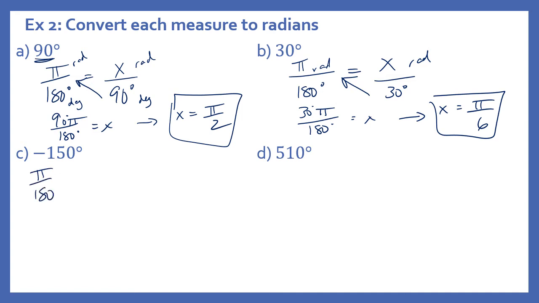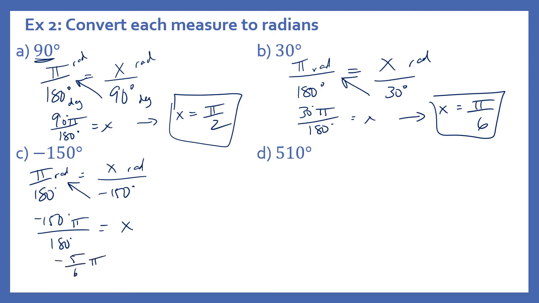Conversion factor, pi over 180, x over negative 150. Cross multiply: negative 150 pi over 180 equals x. Reduce that fraction: negative 5/6 pi equals x. Or even cleaner, write it as negative 5 pi over 6, as opposed to negative 5/6 pi. Same thing.